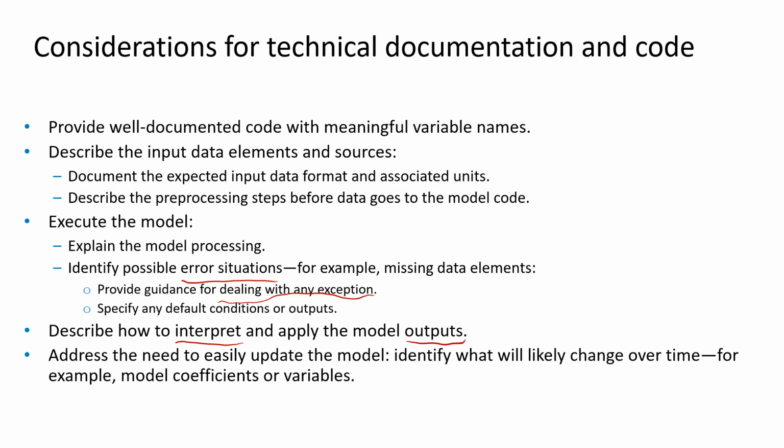And you need to address the need to easily update the model. Because, again, new data comes in, new situations, new seasons, new pandemics. So you need to identify what is going to change over time in your model and how that can be implemented.